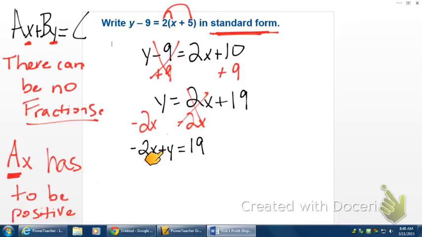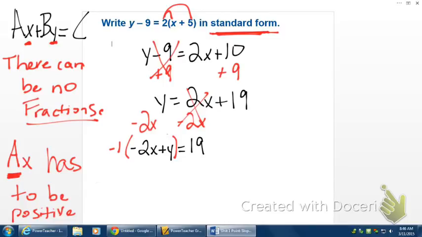Are we done? No, because it's a negative. Perfect. We are not done because that's a negative 2x. How do we get rid of the negative in front of that 2x? Multiply everything, both sides, times -1.